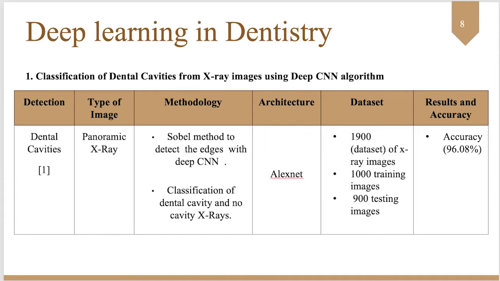Also, contrast enhancement, histogram equalization, and different steps of pre-processing were applied. The architecture used was AlexNet. The dataset collection contained 1,900 X-ray images. The authors concluded that the proposed method accomplished a 96% accuracy for its rate of prediction in comparison to other methods.